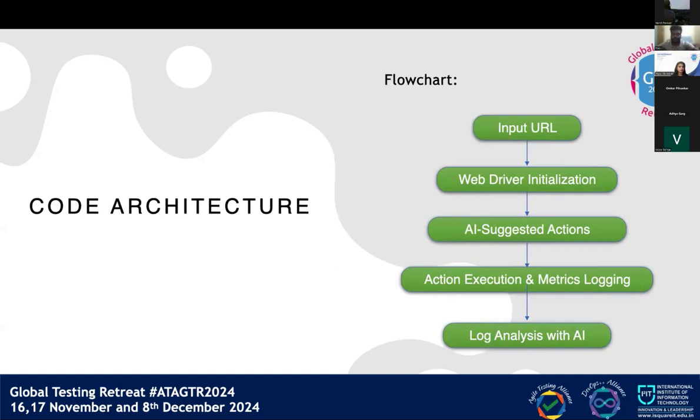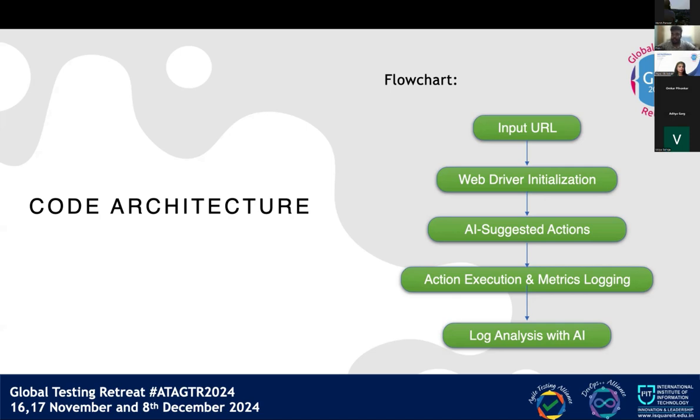If we move on to the code architecture, this is the flow of the program and how it works. Initially, we input the URL, basically the URL of the web page we are trying to analyze. Then we have the WebDriver initialization, which sets up Selenium, starts the browser session, and extracts visible content like text and titles on the page. For AI suggestions, this content is sent to ChatGPT, which generates context aware user actions like clicking on the page.